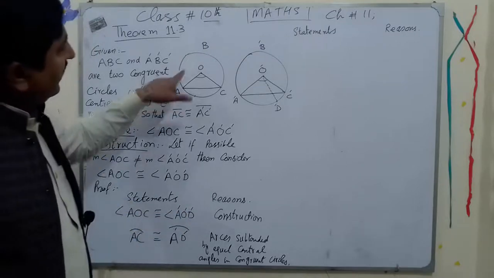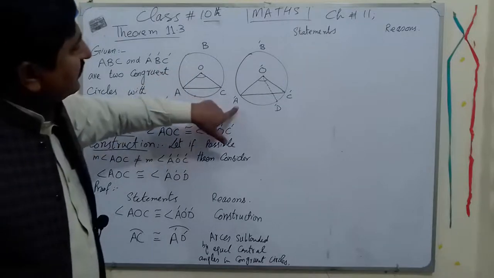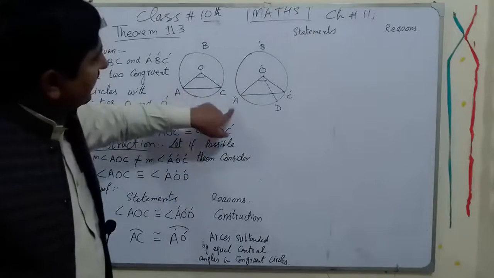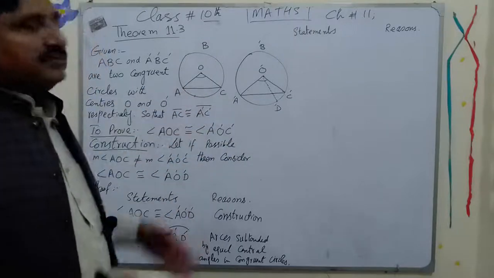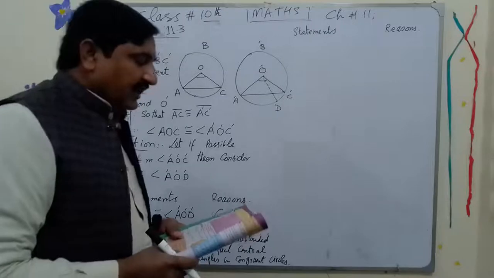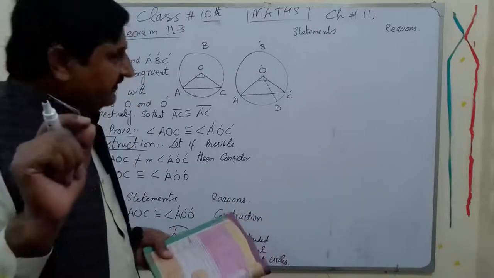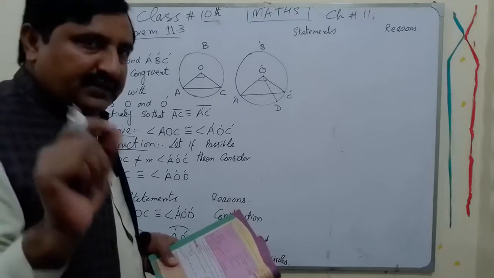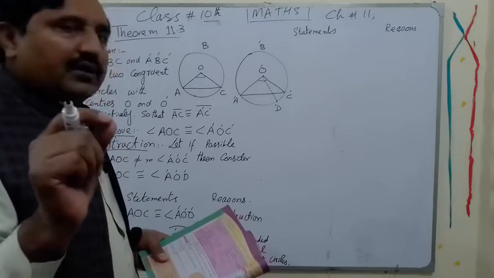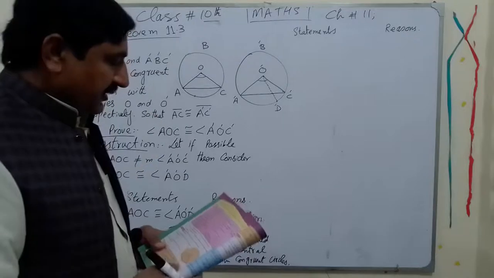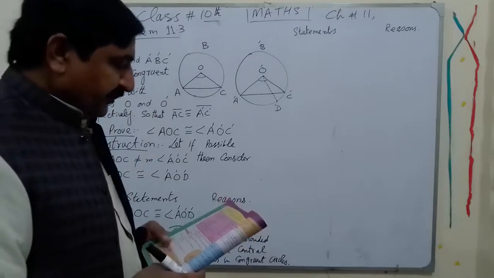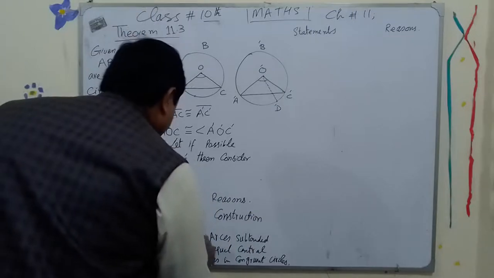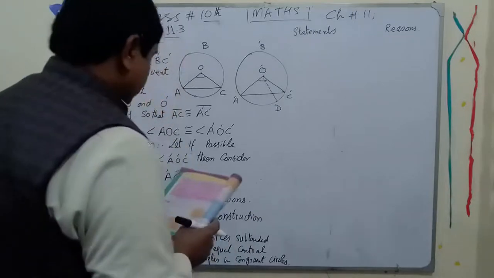So according to this, arc AC and arc A prime D prime definitely become congruent, because if the central angles of congruent circles are congruent, then their corresponding arcs must be congruent. So according to this, we say that this is equation 1. I denote it by equation 1, and now the equation 2.